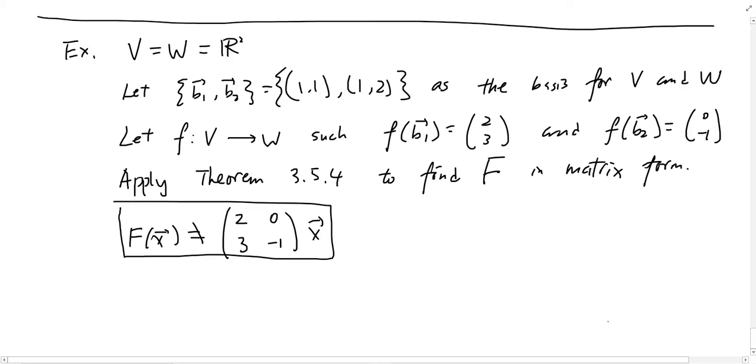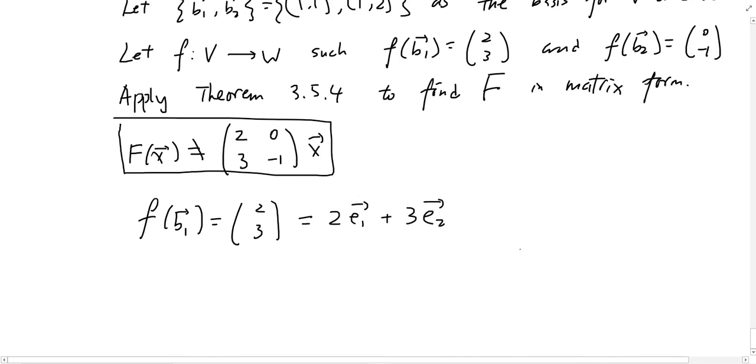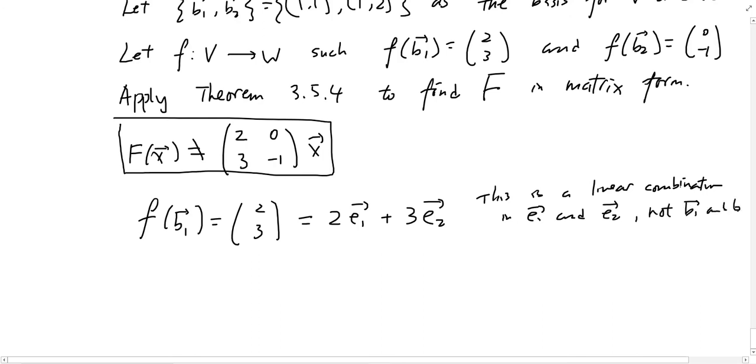The way to properly form the matrix is to realize that the given output, f of vector b sub 1 equal to (2, 3), essentially means 2 times vector e1 plus 3 times vector e2. The problem is this is a linear combination in E1 and E2, not B1 and B2, which is what we need.